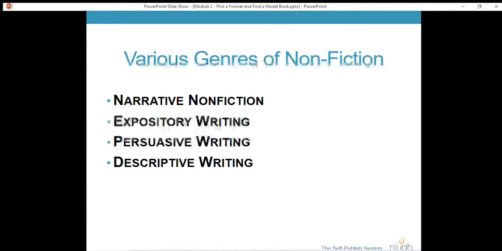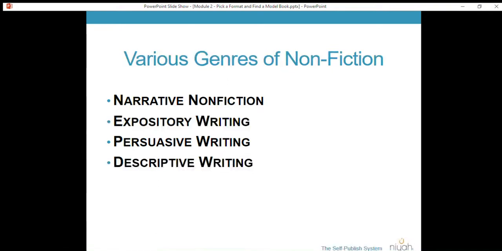You're going to describe that in ways that keep the reader's interest. So that's what we're talking about when it's descriptive writing. It's not just dry language. It's descriptive, pulling them in, making them want to keep reading.